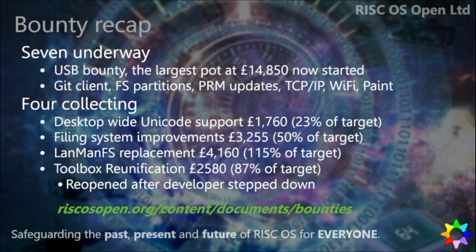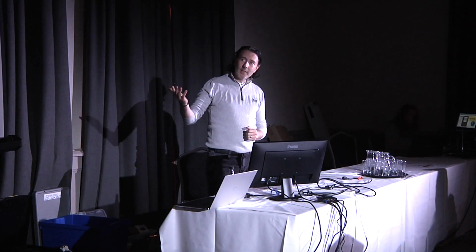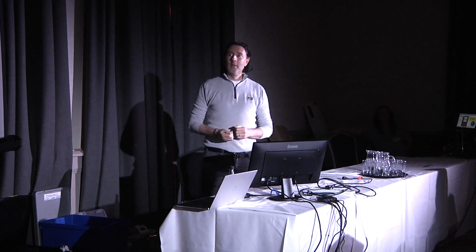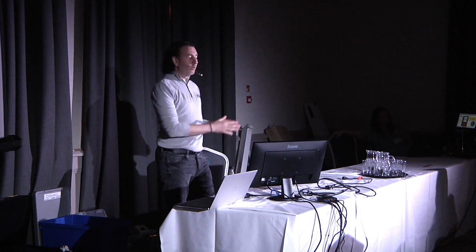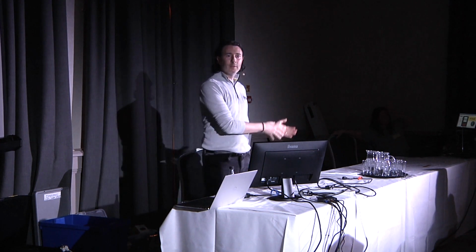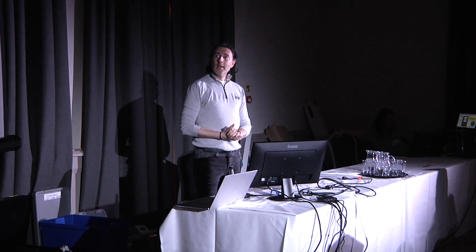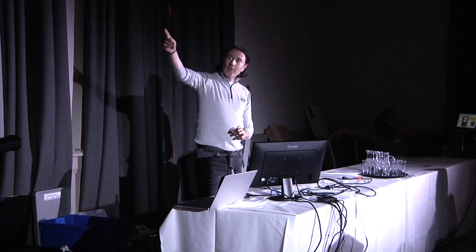To a developer who's volunteering to get involved in this stuff, they might have a different idea of where they need the bounty to reach before they'll claim it. But you can see there we've got further network-related stuff, file system-related stuff. There's things about bringing all the features from RISC OS 4/6 toolbox modules into RISC OS 5's toolbox modules. And we've got some other bits about Unicode support there.